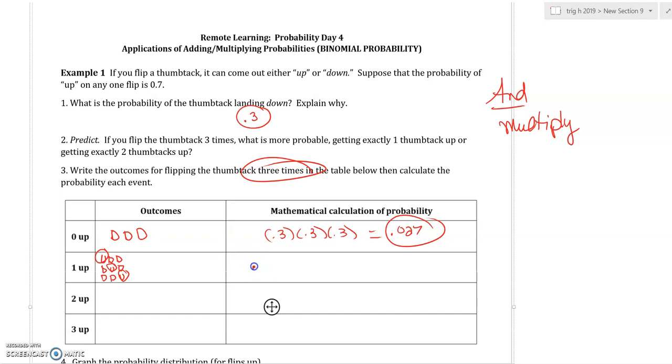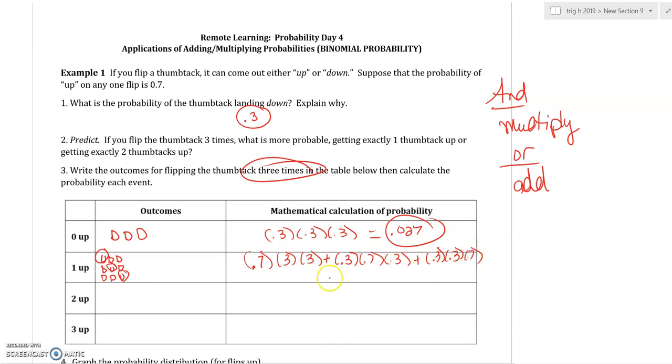So you would have up, down, down, and you could multiply that by 3, or you could think of it this way, as down, up, down, or, so again, when we say or, we are adding. Or what was the last one? Oh, the last one was down, down, up. So I typed it into my calculator, and I actually got 0.189.